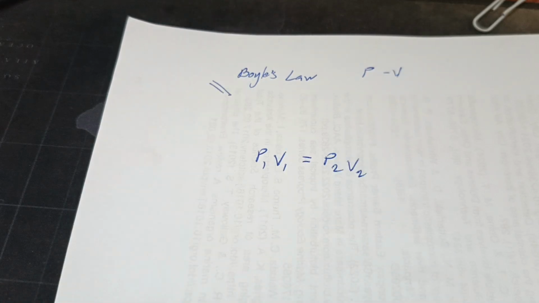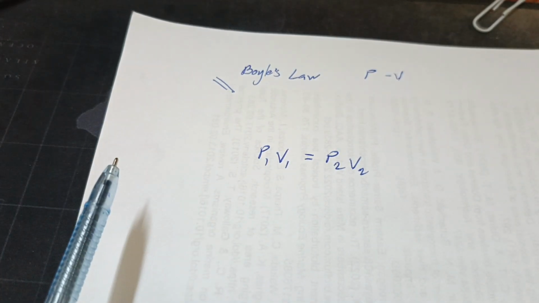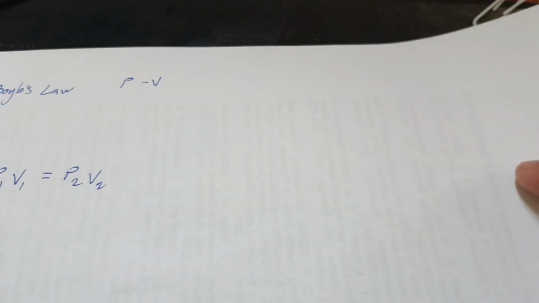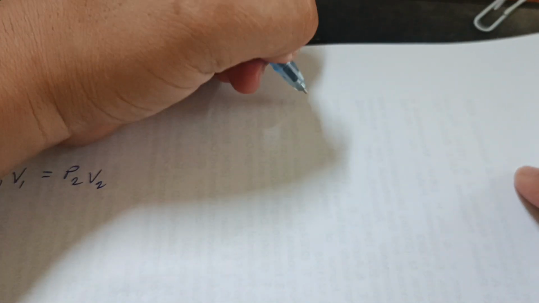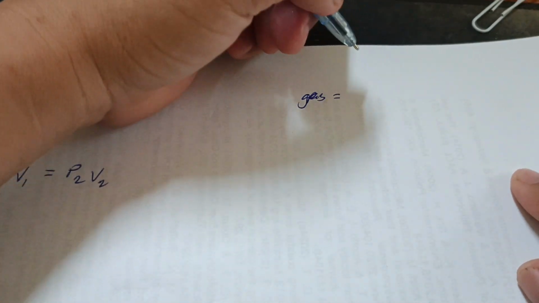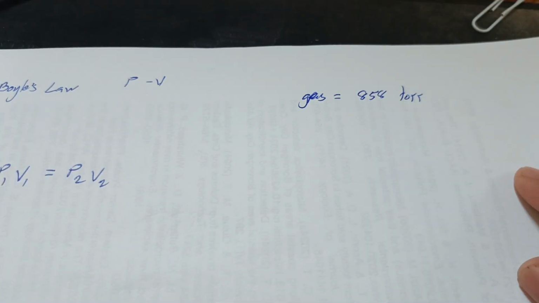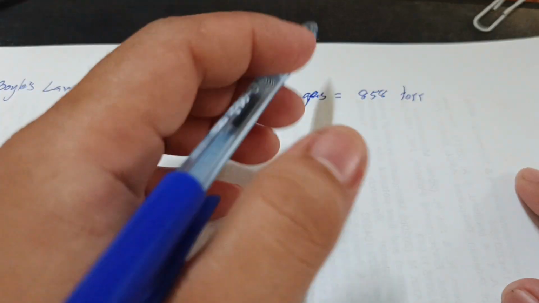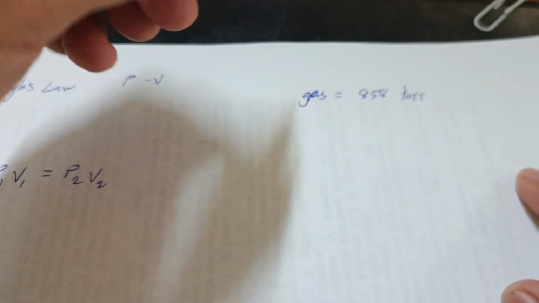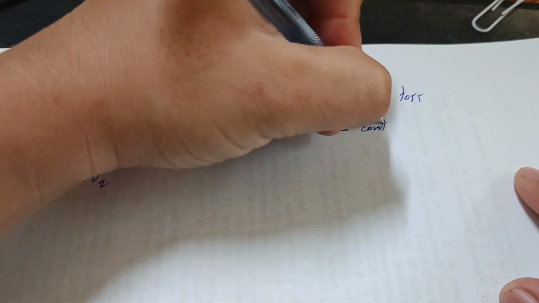So how? For example, let's say a gas exerts a pressure of 858 torr. So your gas is confined in a 5.00 liter container.